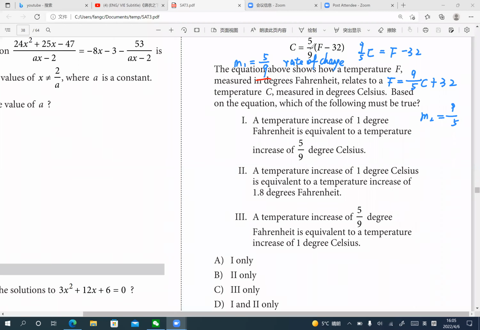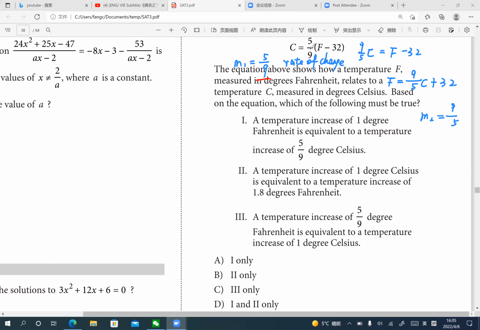Question 15. C equals 5 over 9 times (F minus 32). The equation above shows how a temperature F measured in degrees Fahrenheit relates to a temperature C measured in degrees Celsius. Based on the equation, which of the following must be true? From the equation above, we can tell the slope is equal to 5 over 9.